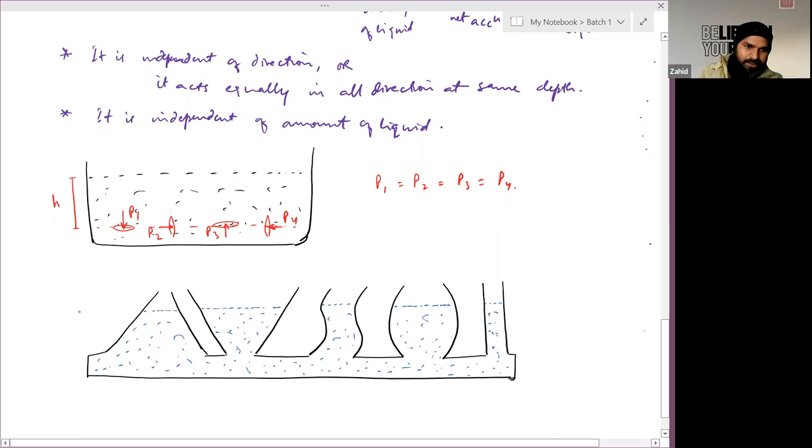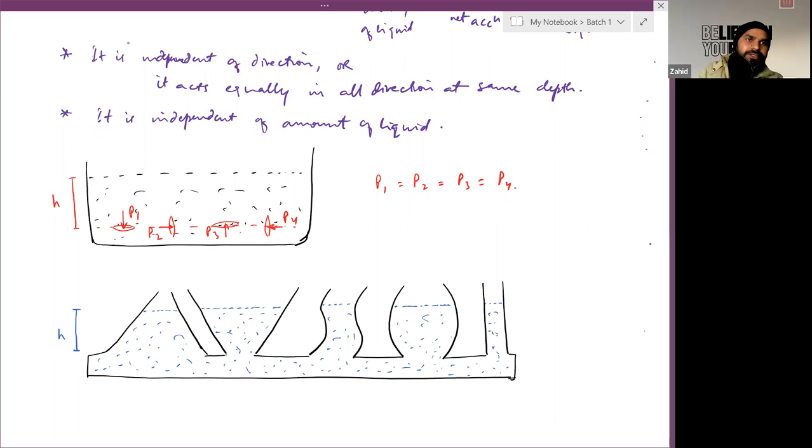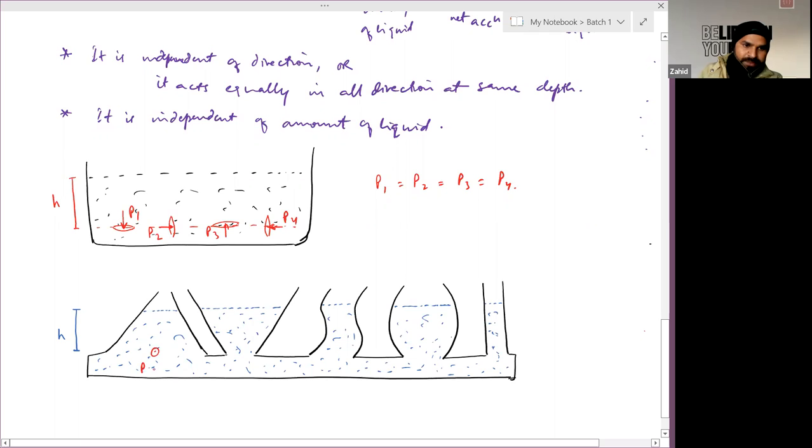Like this. So let's say at depth H, pressure at this point is P1, at this point P2, P3, P4, and P5.